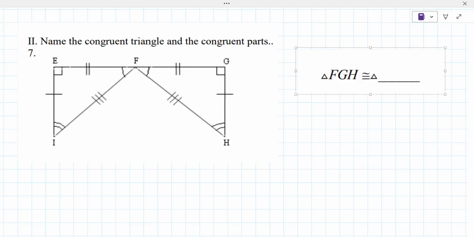Triangle FGH is congruent to triangle FEI.